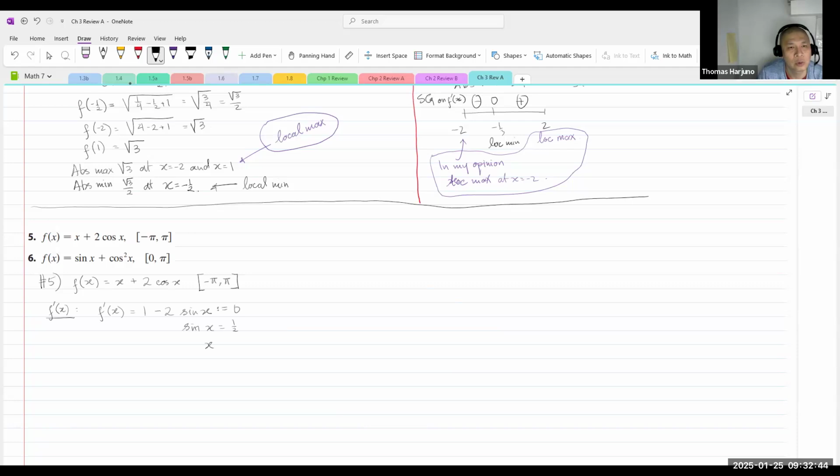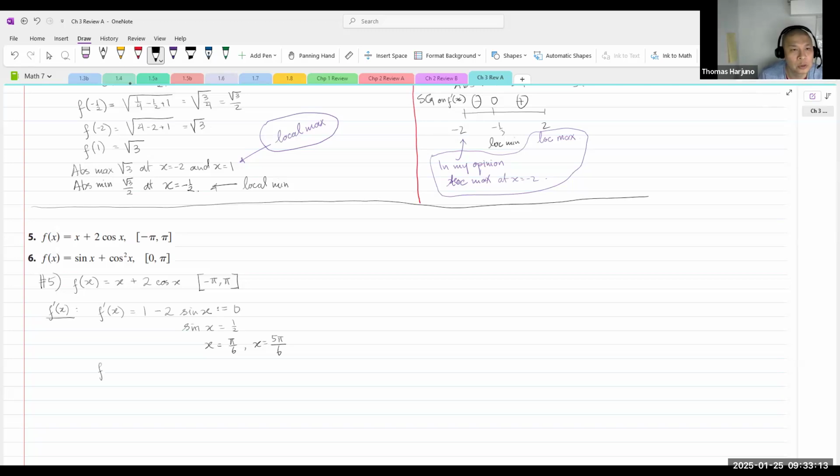So x equals pi over 6 in the first quadrant, or 5 pi over 6 in the second quadrant, which is still in the domain. Oh, no, it's not? Yeah, it is, -pi to pi. Okay, so those are the critical numbers.